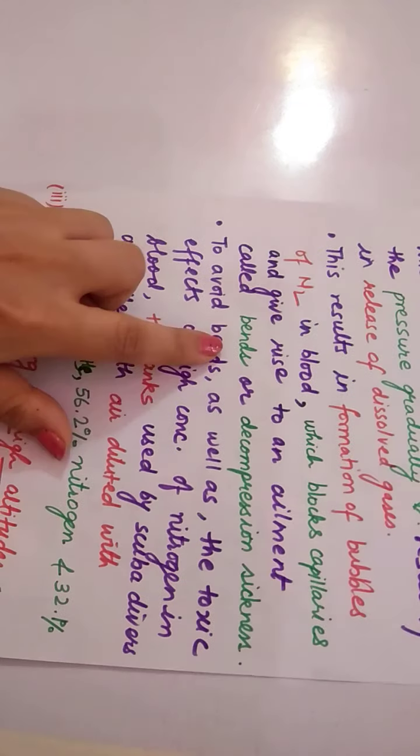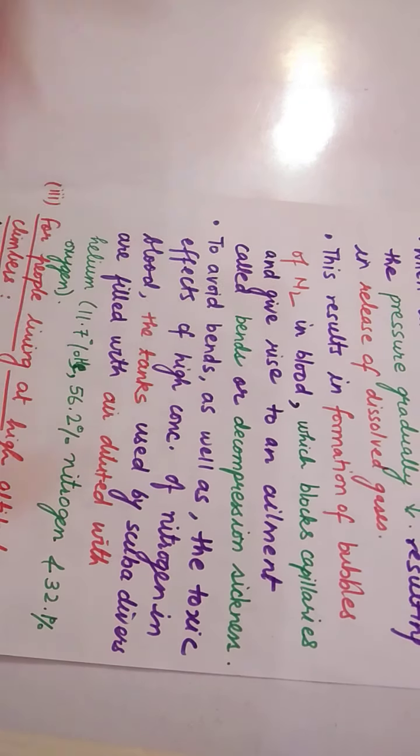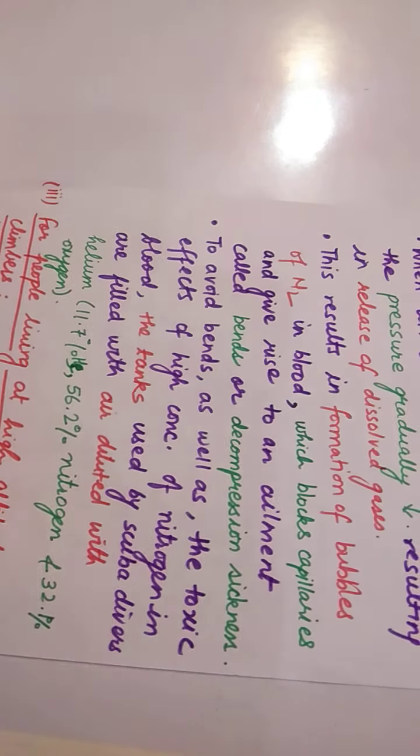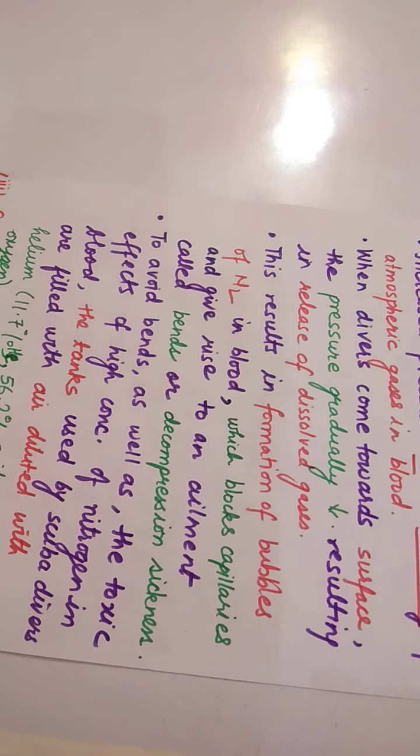These are the two diseases from which scuba divers generally suffer. So to avoid these bends as well as the toxic effect of higher concentration of nitrogen in the blood, what happens?